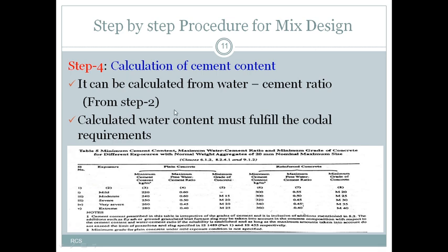So if you calculate the cement content from the W by C ratio, that value must be greater than or equal to this codal value. If less than that, we have to redesign again. If greater than that, it is okay because it is a minimum value. We can use a cement content more than this also. So this is how we calculate the cement content value by using codal provisions.